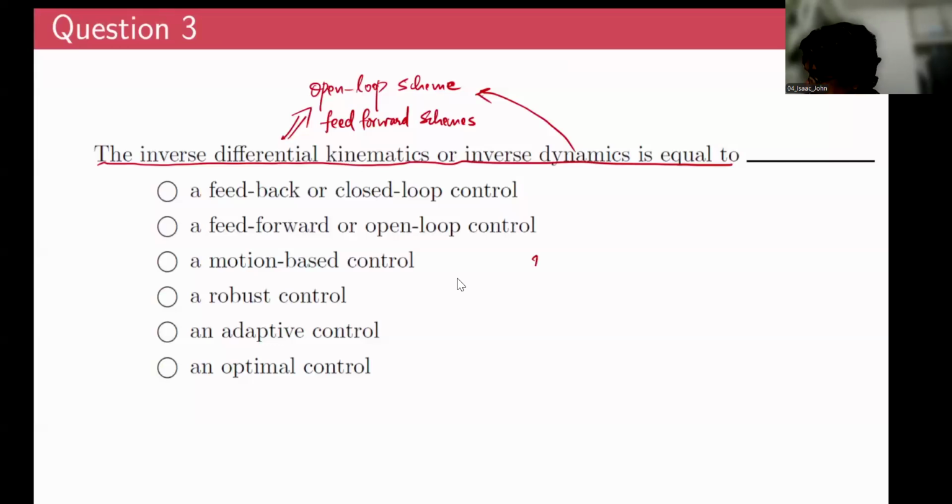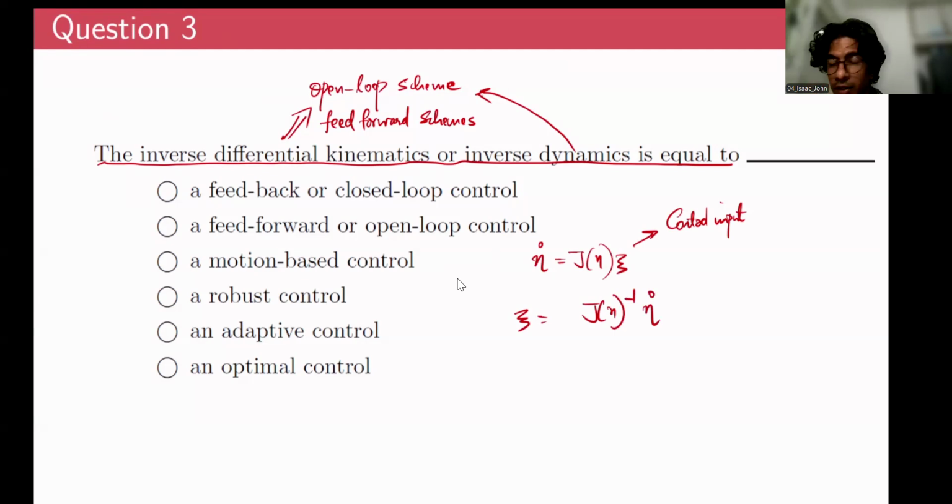One example is eta dot equals J of eta times theta dot, and this is your control input. So to determine theta dot, it is nothing but J of eta inverse times eta dot. But in a feed forward term, you replace everything with the desired coordinate.